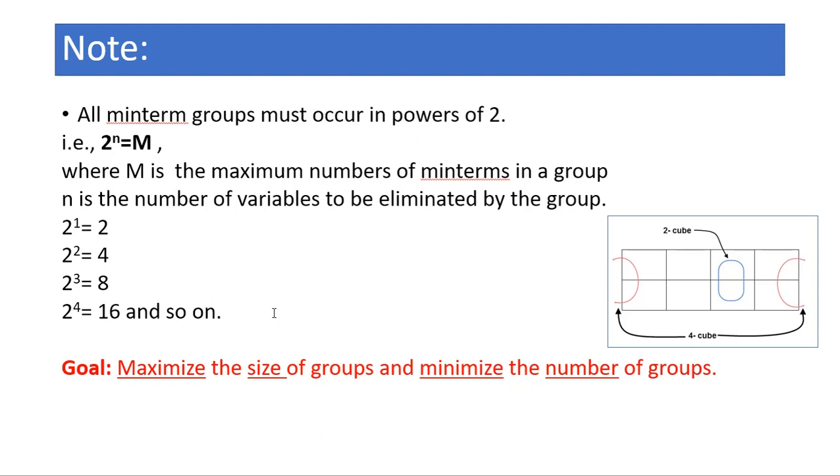So our main intention should be to maximize the size of the group and minimize the number of groups. Here you can see one example where for a 3 variable K map, we have grouped it as a 2 cube and a 4 cube, because the only possibilities are to group 2 minterms or 4 minterms.